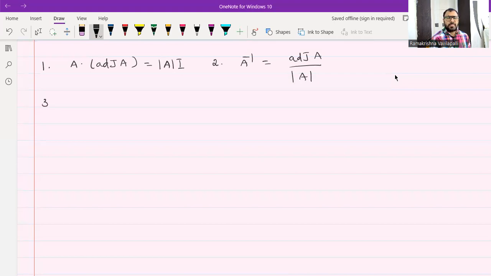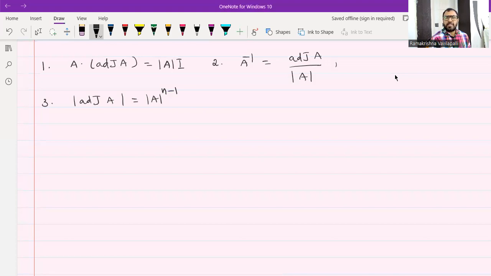Third point is determinant of adjoint of A equals |A| whole square, or |A| to the power n minus 1.